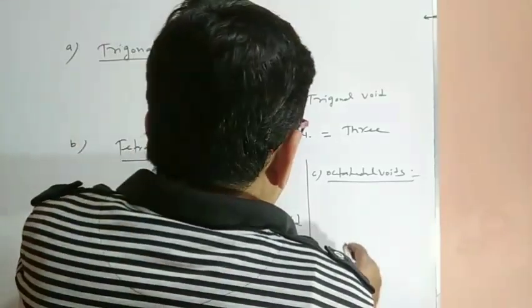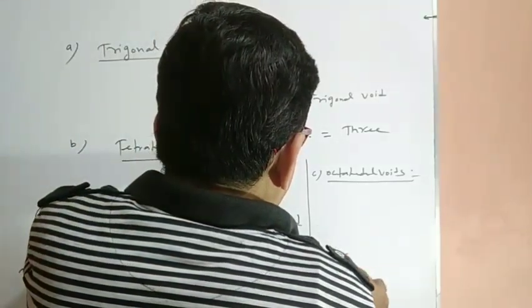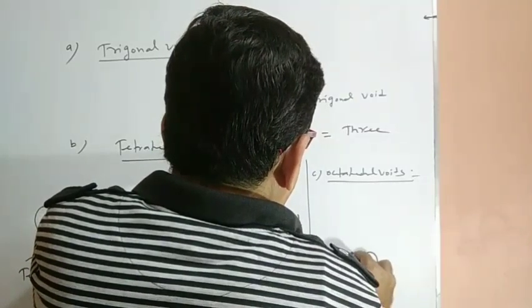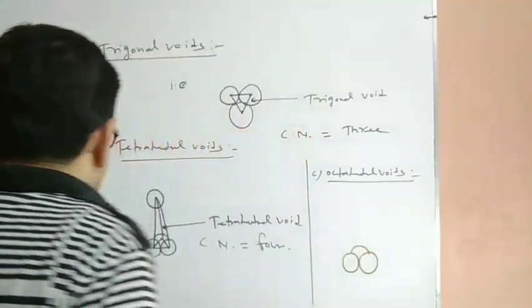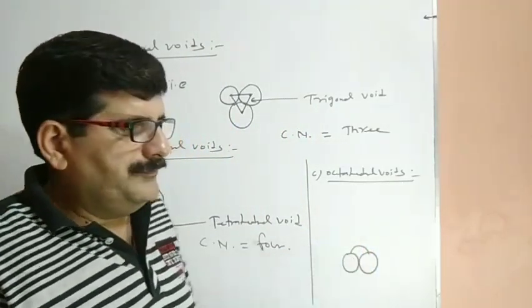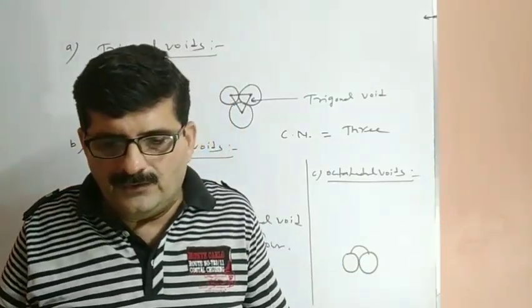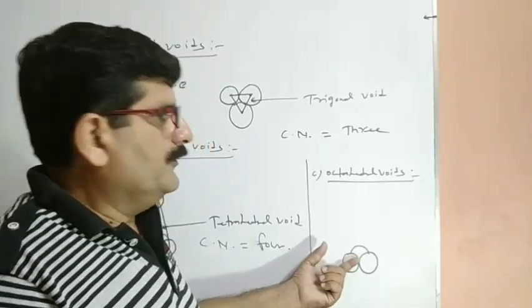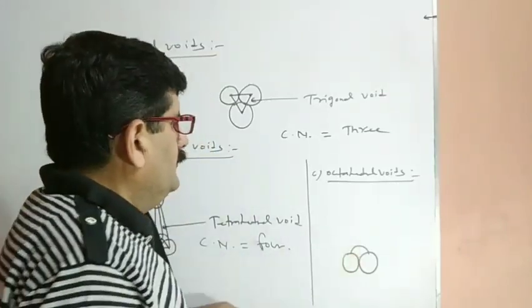Look at this picture. These are the atoms of the first layer. Their arrangement becomes possible in such a manner.